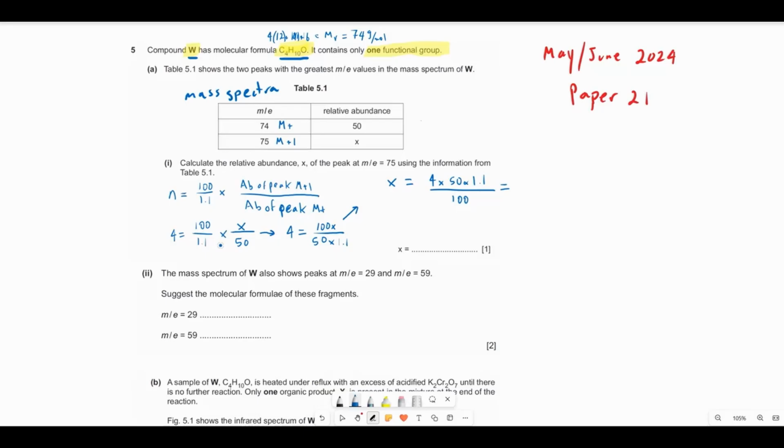And that's going to give me x. 4 times 50 times 1.1 divided by 100 gives me 2.2, which is x, or the abundance for the M plus 1 peak, the 75 peak.